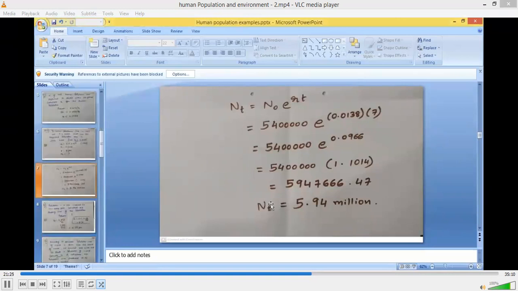So please copy down, and then we will move on to the next question. I suppose many of you are getting the correct answer.